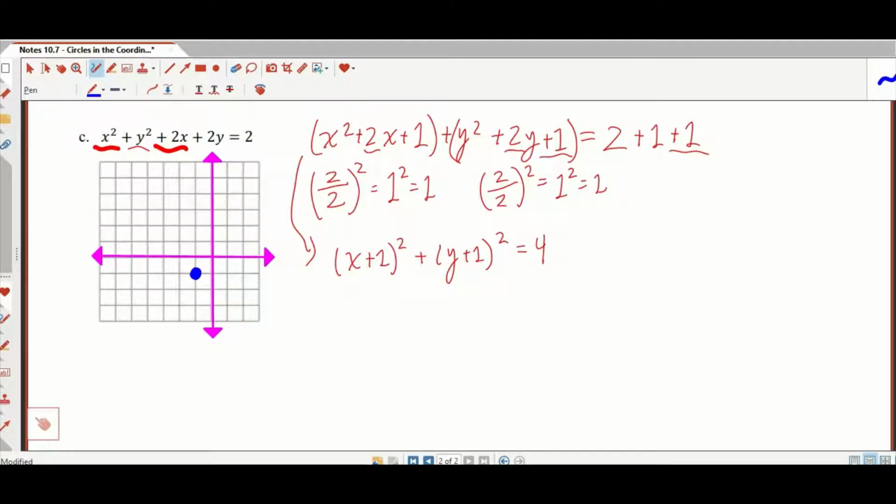And the radius is the square root of 4, because you could replace 4 with 2 squared. So the radius is 2: 1, 2 over here, 1, 2 up here, 2 down here, 2 down there, and there it is. That's the circle I wanted.